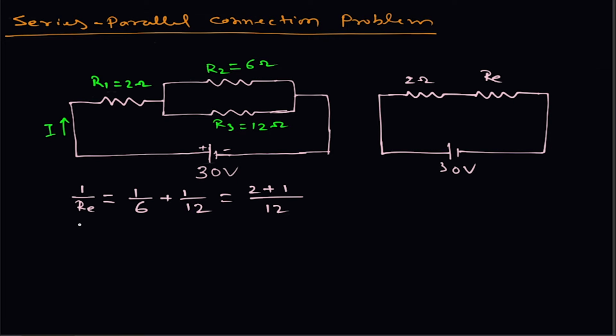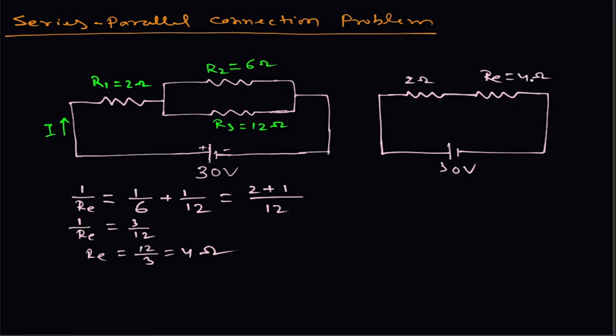That means 1 divided by RE is equal to 3 divided by 12. So RE is equal to 12 divided by 3, that is 4 ohm. So we have calculated this as 4 ohm.